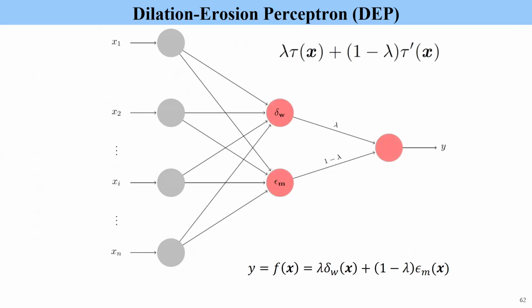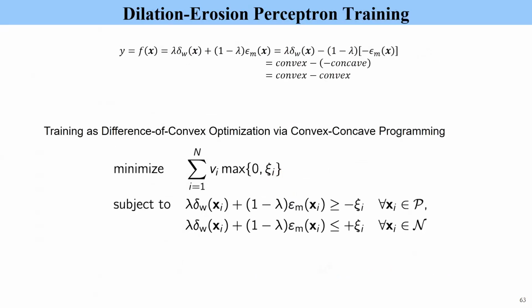And we used a convex combination of a dilation perceptron and an erosion perceptron. We attempted to train them using this convex concave programming. It is possible, and I think it's an interesting future objective to analyze.